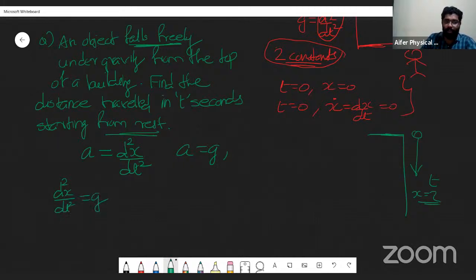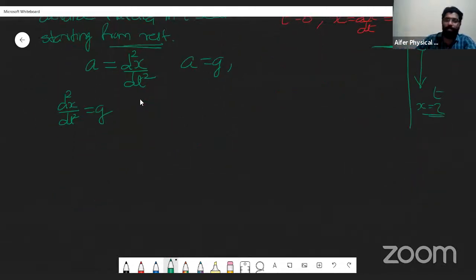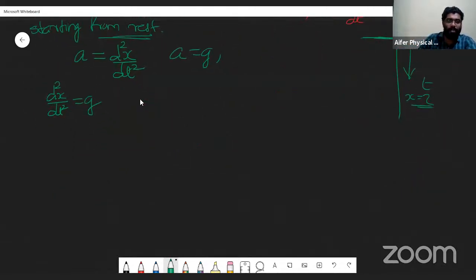I integrate one time with respect to time, then I get dx by dt equal to gt plus some constant. I call it v naught. We are physicists, we know that velocity v equals gt plus v naught.